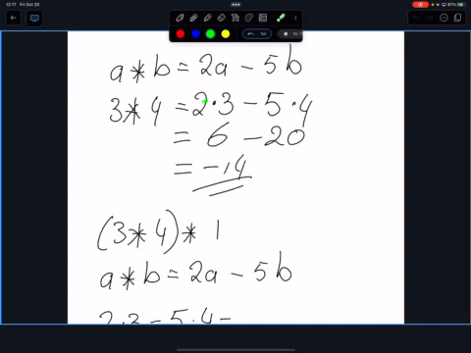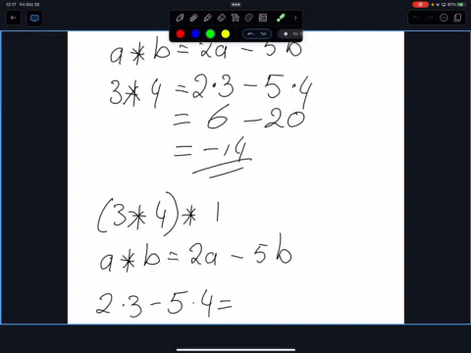So 2 multiplied by 3 subtract 5 multiplied by 4. If I'm not mistaken, that is the first exercise in 4.2. Literally the first one. When you do it successfully, your answer is negative 14.